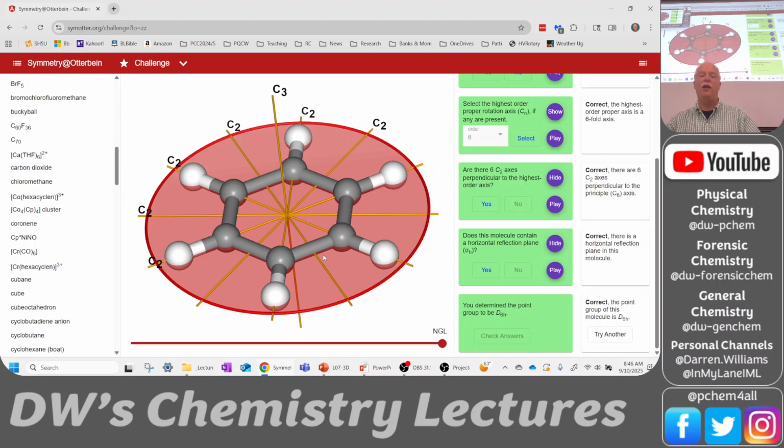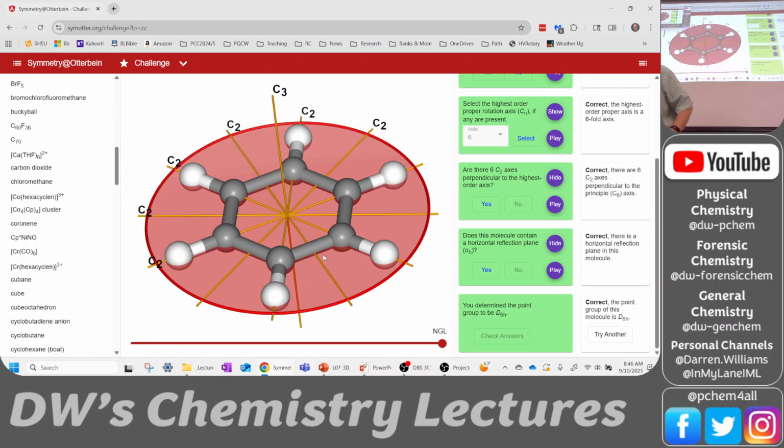Notice all of these symmetry elements contain the center of mass. So the axes are all going to go through that center point. And it has an inversion center. Notice we didn't get into the question of an inversion center in doing the flow chart for this particular molecule.